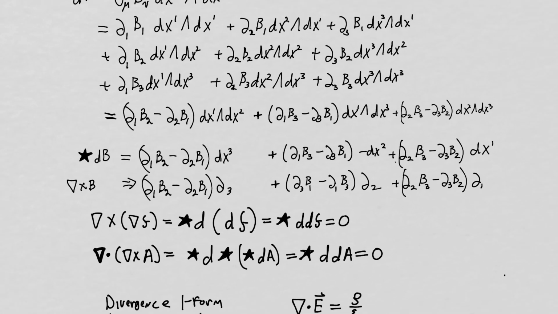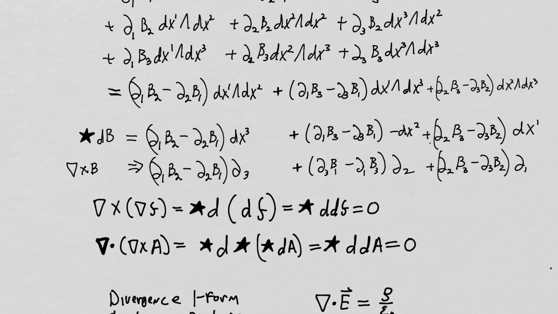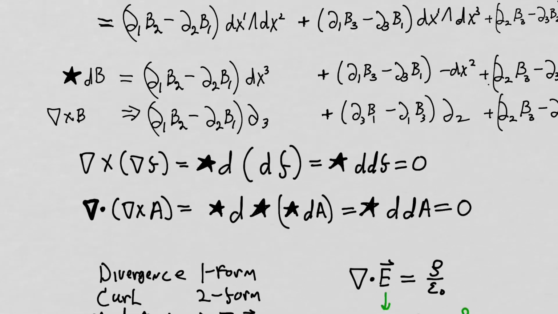Okay, well that's kind of nice. So let's take a look at how we might exploit this. I just wrote in a few very quick little lines here, but say we were interested in the curl of the gradient of a function. Well, we now know that we can take the gradient of a function and substitute its exterior derivative.